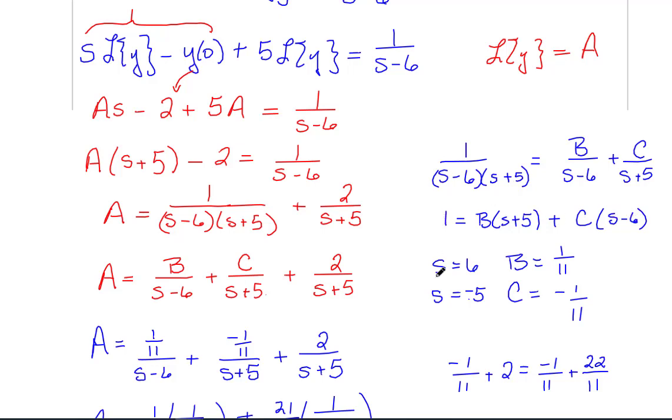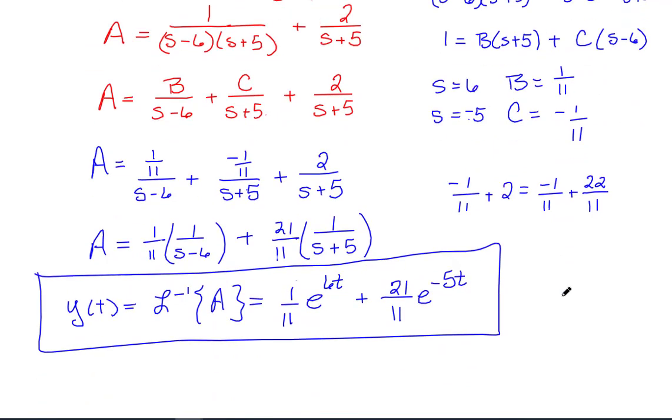I pick values of s which make B or C be 0. If s is 6, the C part's gone. I get B is 1/11. If s is minus 5, the B part goes away and I get C is minus 1/11. So that's from the B and the C.